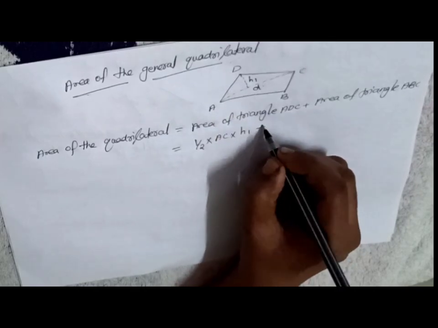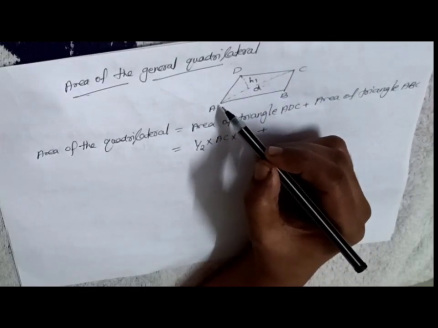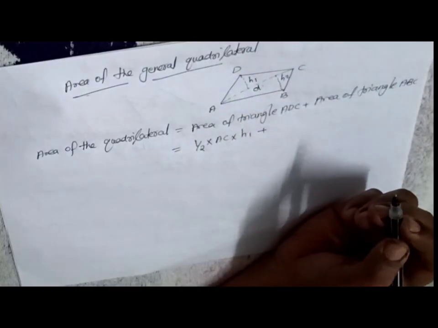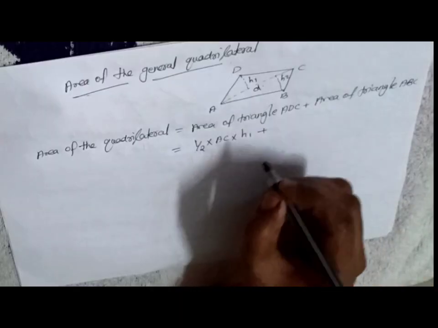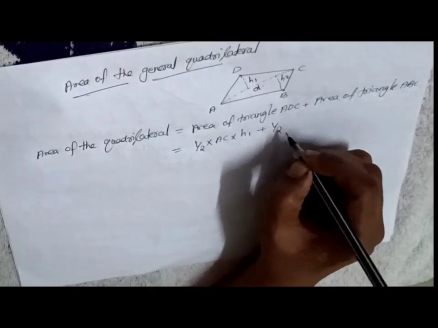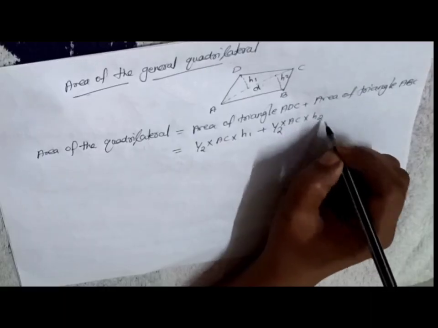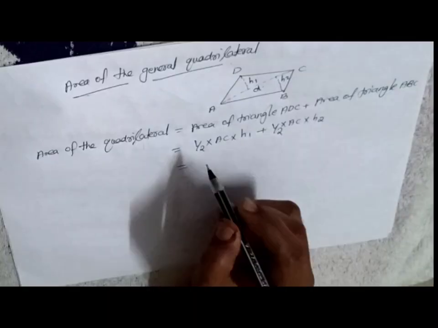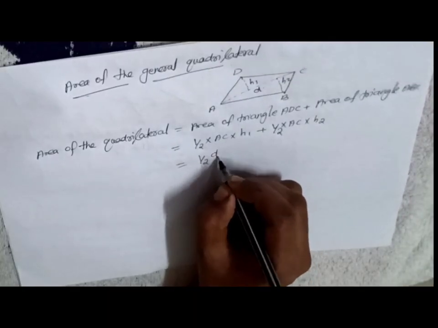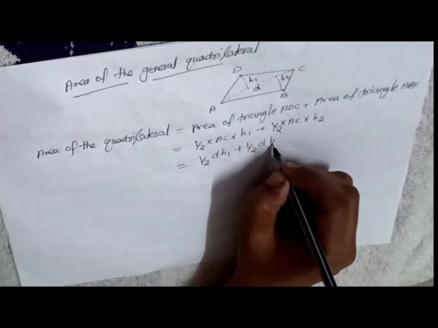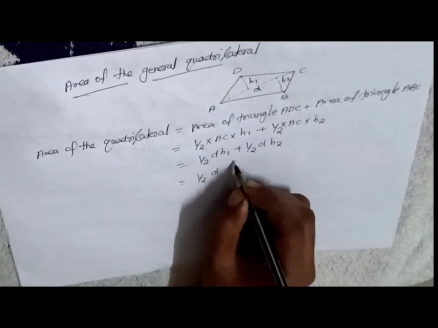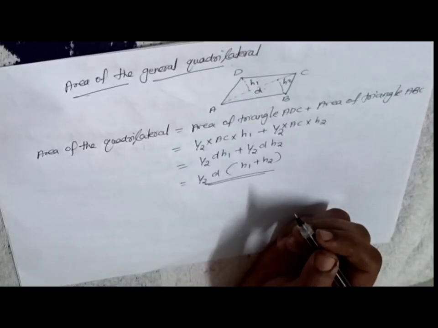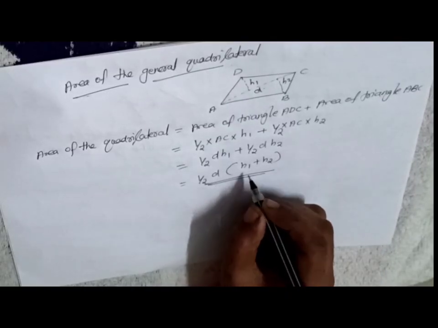Then consider triangle ABC, with H2 as the height and AC as the base; both have the common base AC. Therefore, the area of triangle ABC equals half into AC into H2. Here AC is the diagonal of quadrilateral ABCD, so we have half into D into H1 plus half into D into H2, which is equal to half into D into (H1 plus H2). Therefore, the area of the general quadrilateral is half into D into (H1 plus H2).